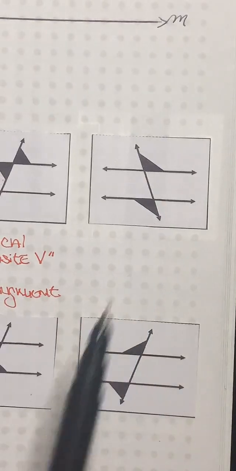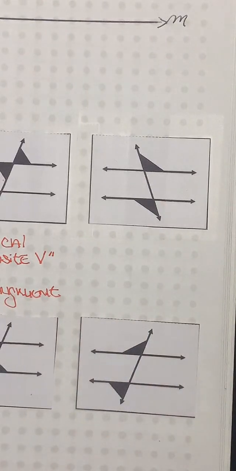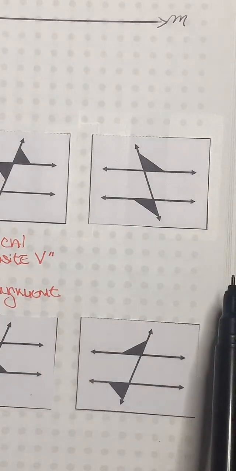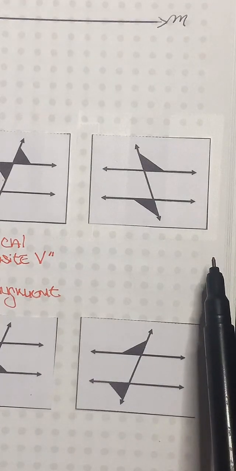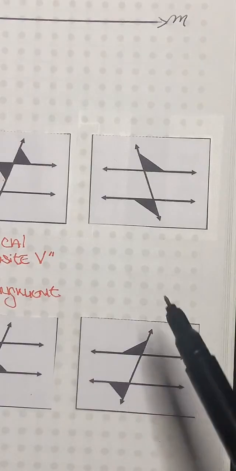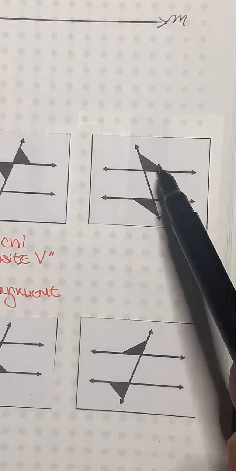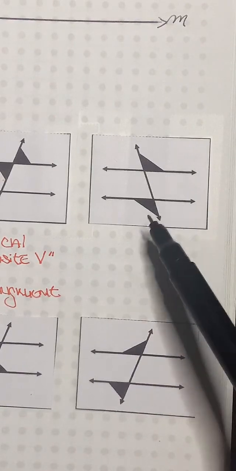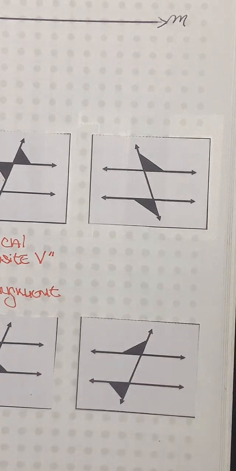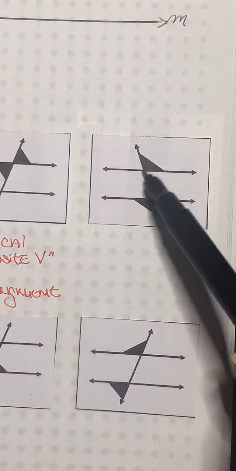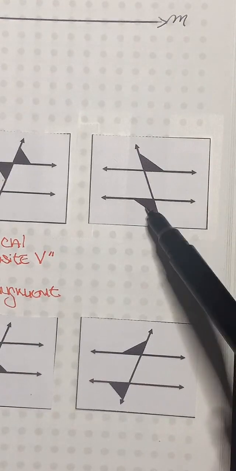Okay, what's happening in these two angles? Okay, what's going on with these two? Okay. They're not quite vertical because they're not directly across from each other.